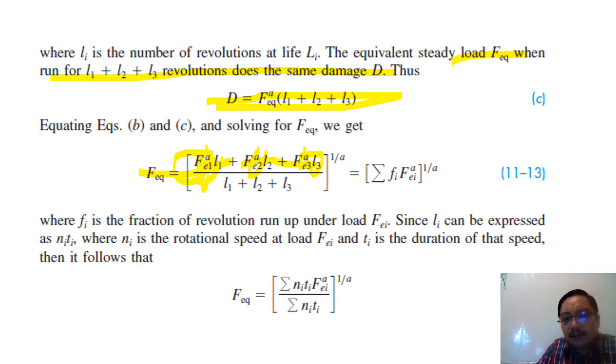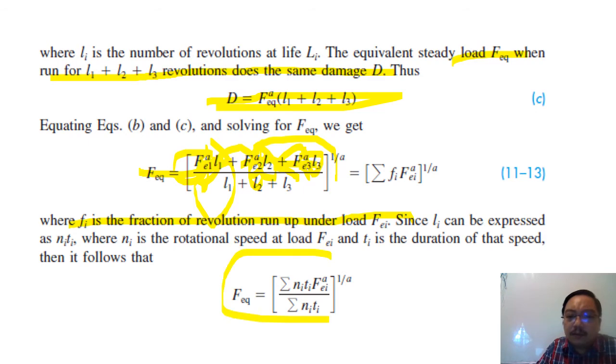This is an equivalent part, this is an equivalent part, and this is also an equivalent part. And f_i is the fraction of revolutions run under load. This is a certain period of time, meaning it represents a certain number of revolutions of the bearing, at a certain speed and everything.